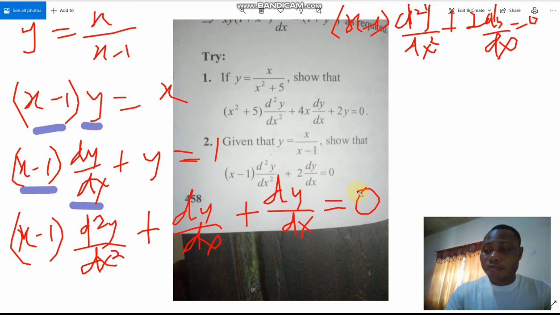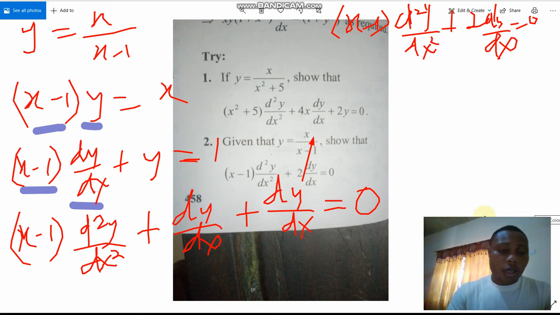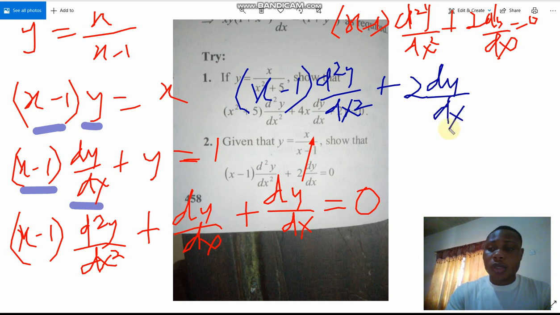Let me bring it to the top and continue at the top here. I'm going to get (x minus 1) times the double derivative d squared y over dx squared, plus dy/dx plus dy/dx will give me 2 dy/dx, is equal to 0, which is the same thing as what they asked me to find, and the same thing as this.